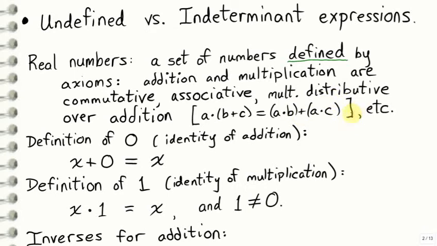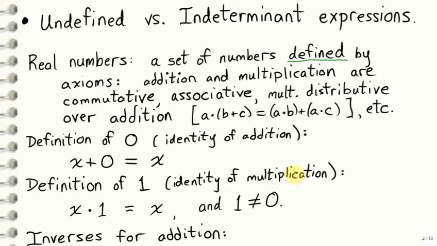But in terms of undefined expressions, what's going to be really interesting to us are the definitions of 0 and 1. 0 is sometimes called the additive identity, or the identity element of addition. 0 is defined by this property: any number x plus 0 gives you that same number x back. Similarly, 1 is defined as the identity for multiplication, or the multiplicative identity.